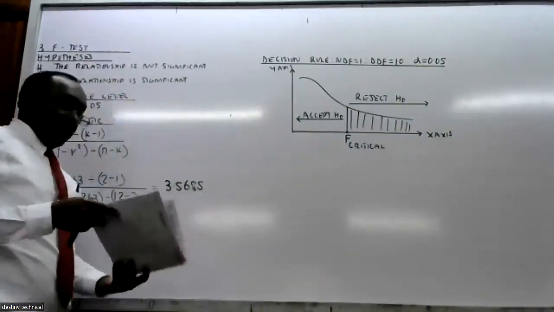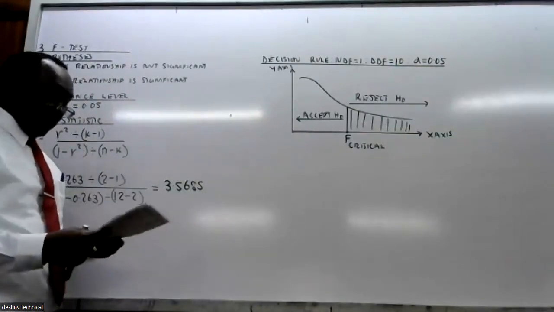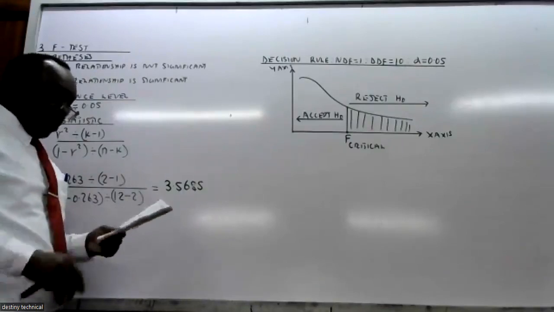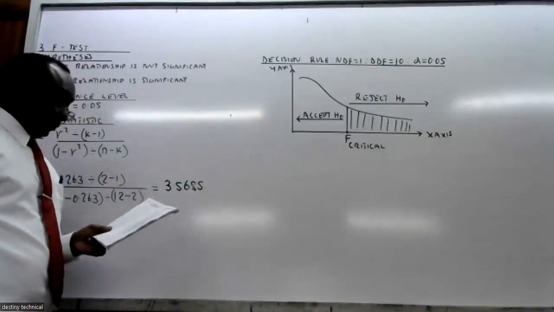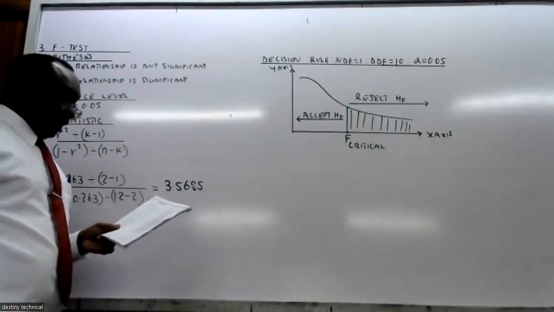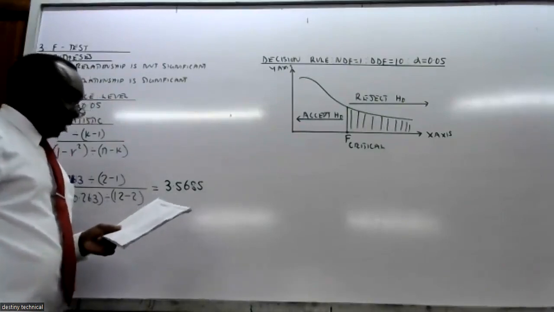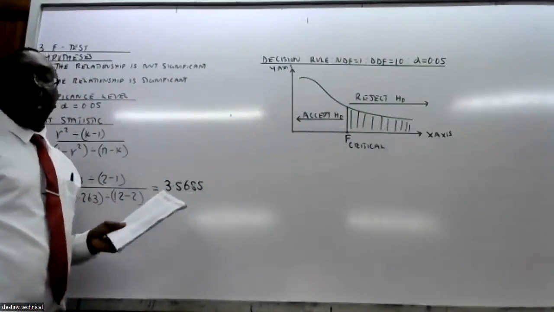At home there are tables. I think they should be the very last page of your class papers, the second last page. Have you seen it? Yes. Now there they have written degrees of freedom N1.